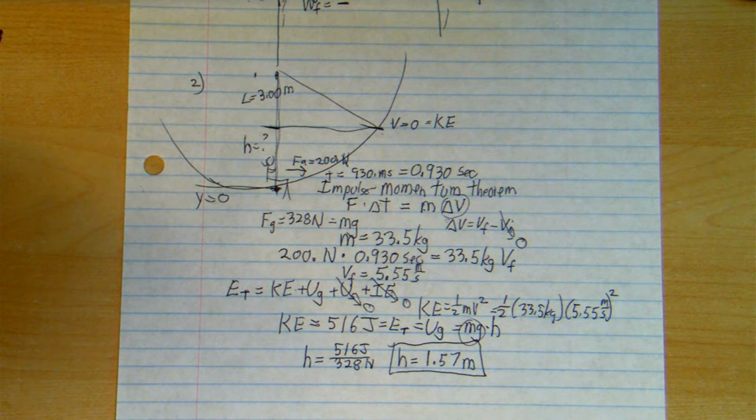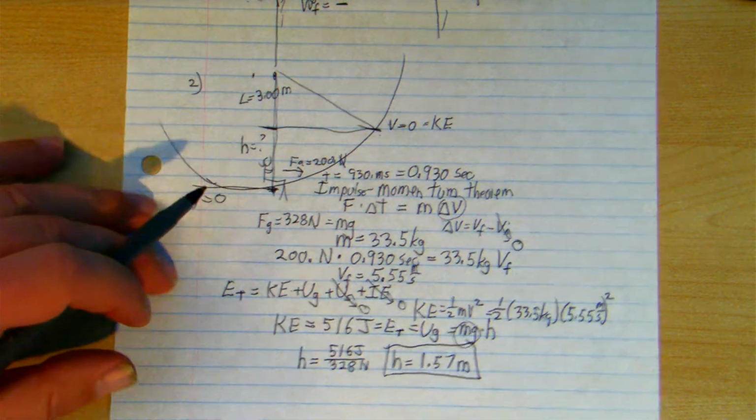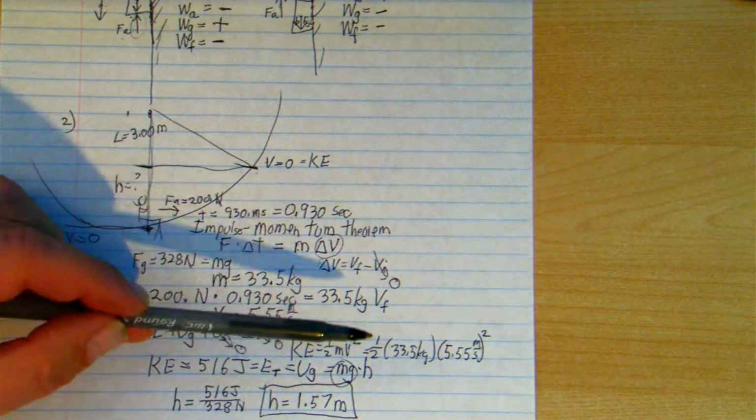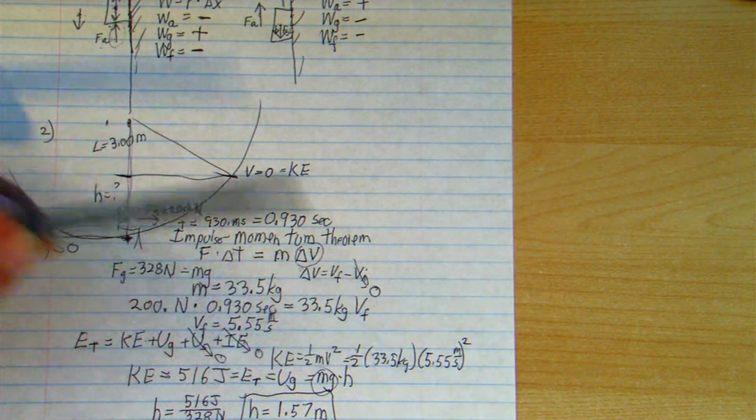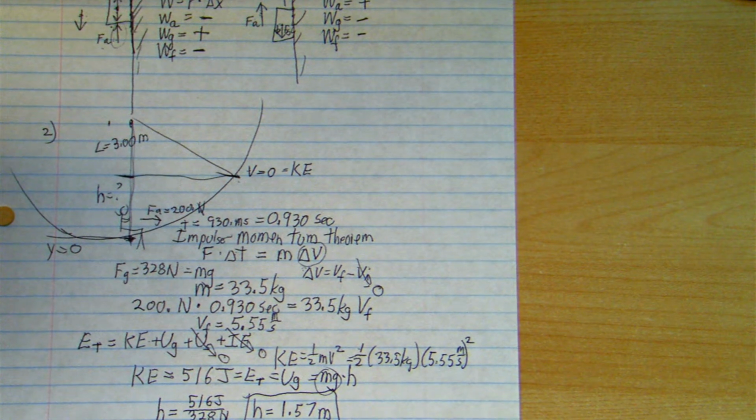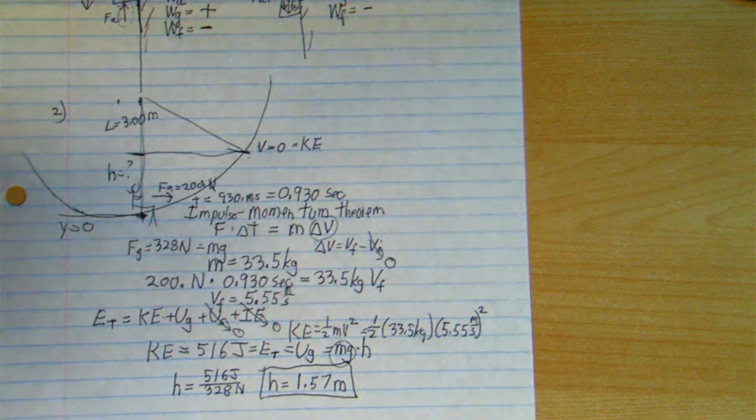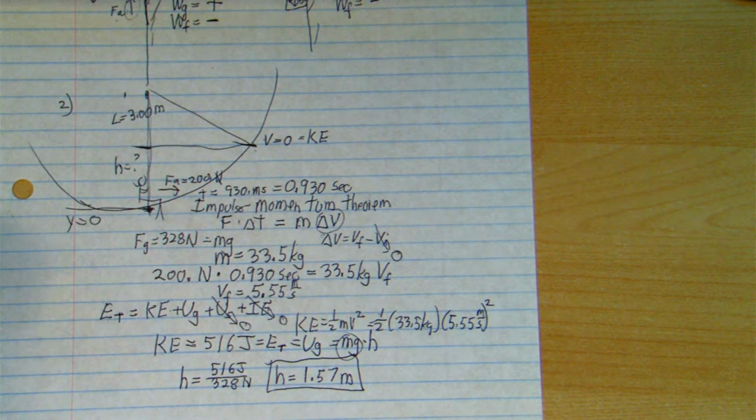Yep. Isn't it 406? How do you get 516? I think I multiplied 0.5 times 33.5 times 5.55. That's what I got, 506.